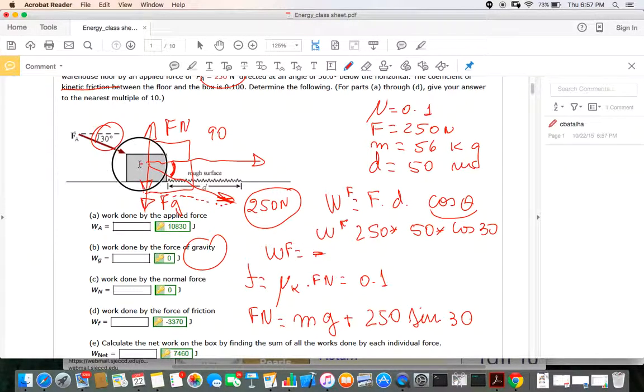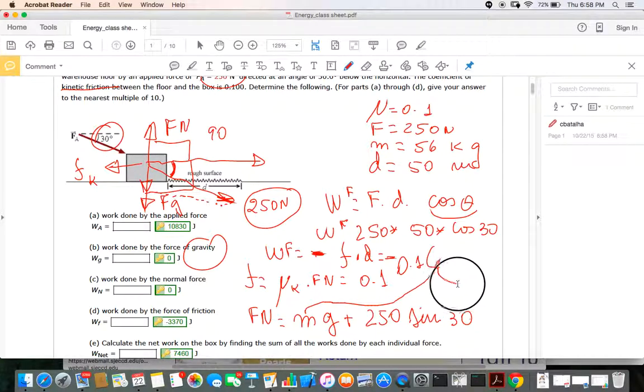Remember, friction is an external force, and I forgot to include it in our free body diagram. So it is the negative of this coefficient, 0.1, times this big expression times d, okay?